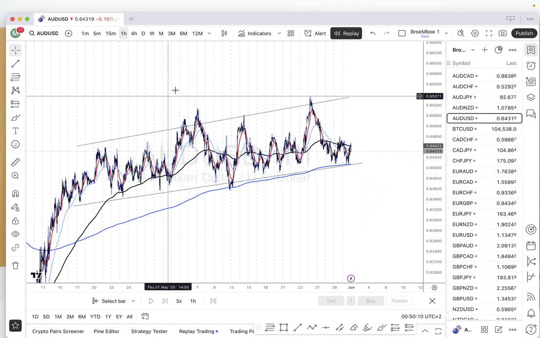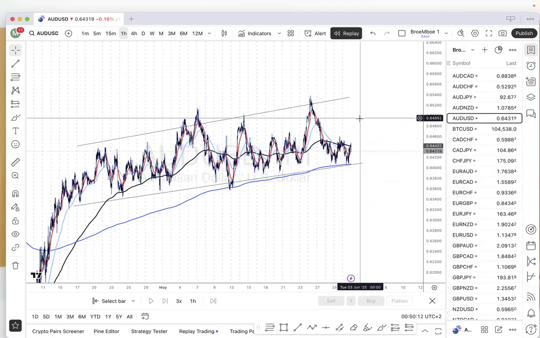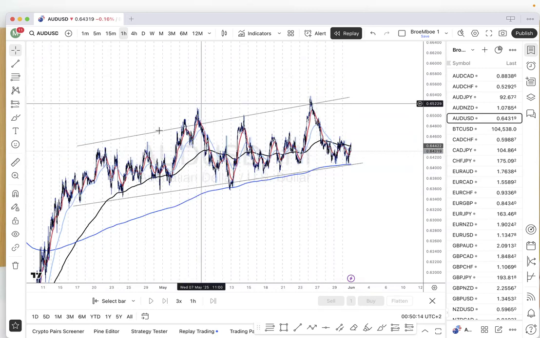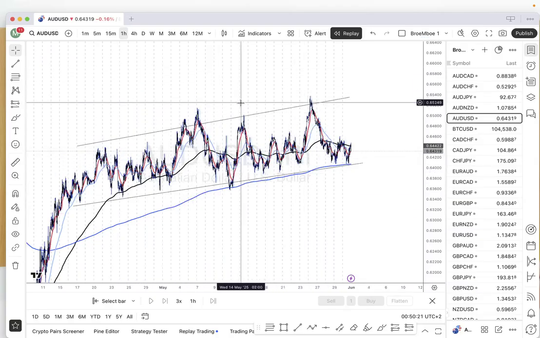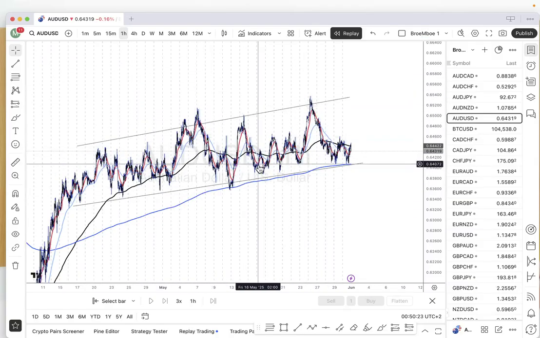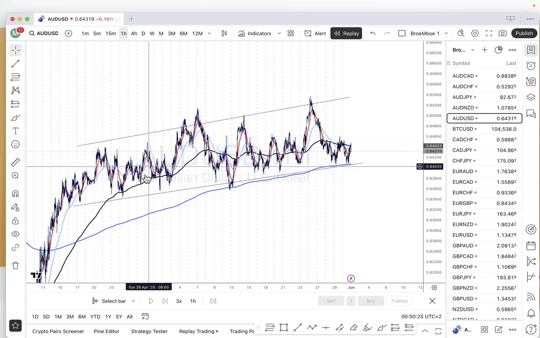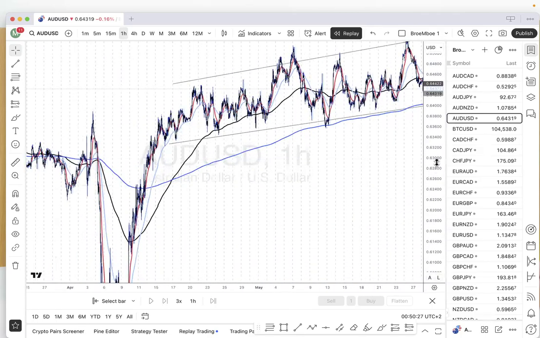So even if it is a pair that you love trading, my advice is always to leave it for now. Look for any other pair that you want to trade until we can see clear moves from this.